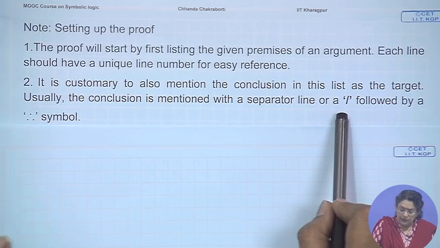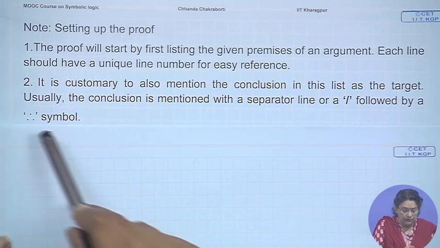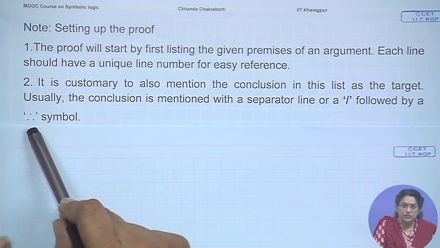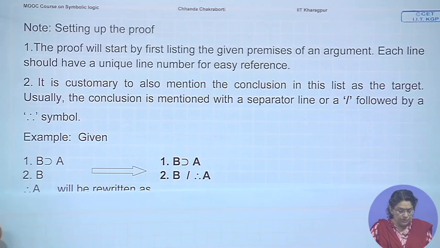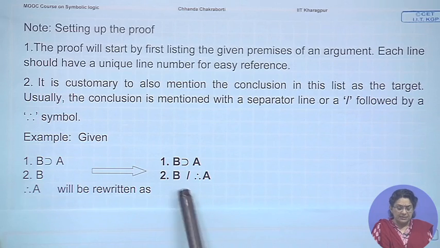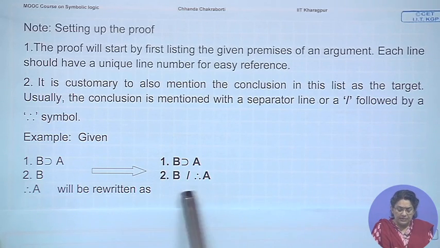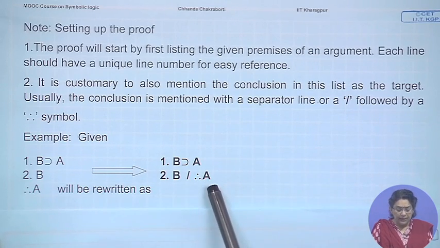Usually what we do is use a separator line like so, a slant followed by the therefore symbol. Suppose you are given an argument like this, then for the proof you can set it up like this, where the premises are all given numbers, and where the premises end, that is where you put the slant line and the triple dot, and here is the conclusion that is claimed.